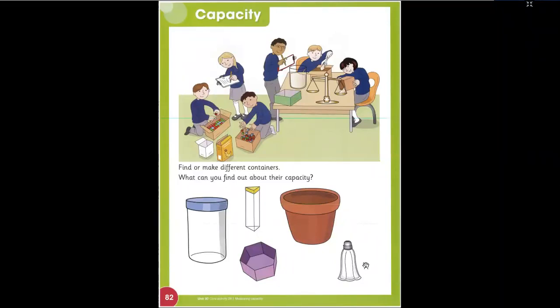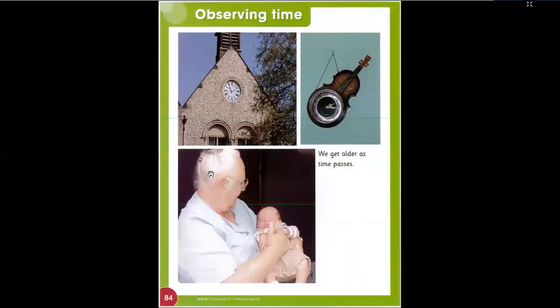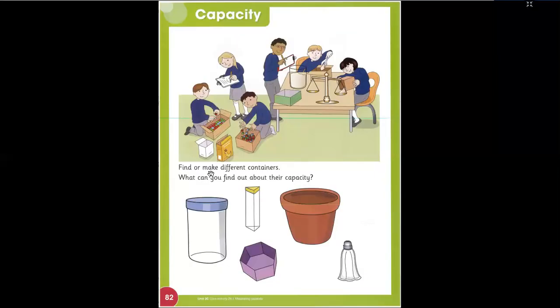So when you put something in the container, you will see that this container holds the most. This is the container that holds the least. It depends on the space of the container. If you have a container with bigger space, it is going to hold the most.